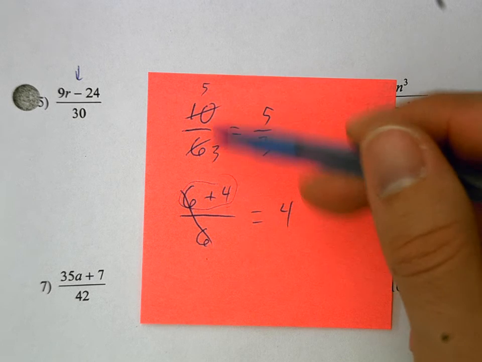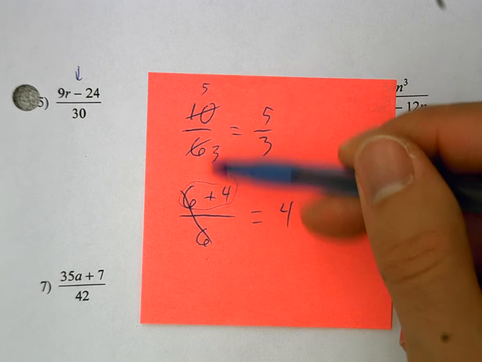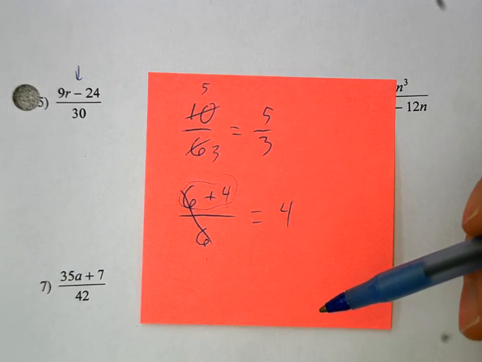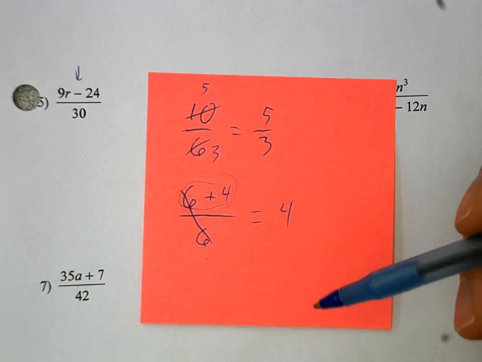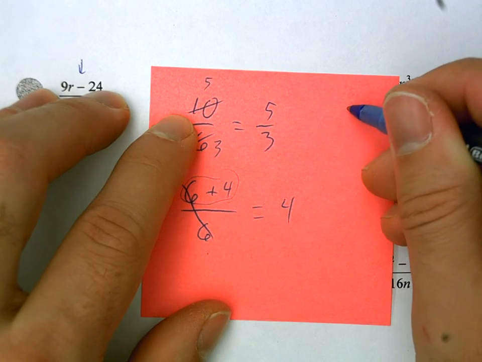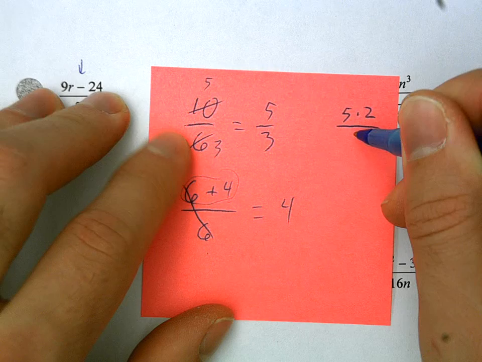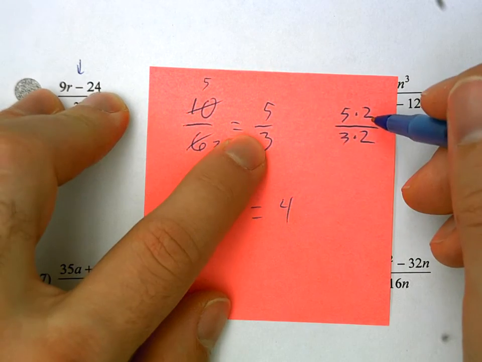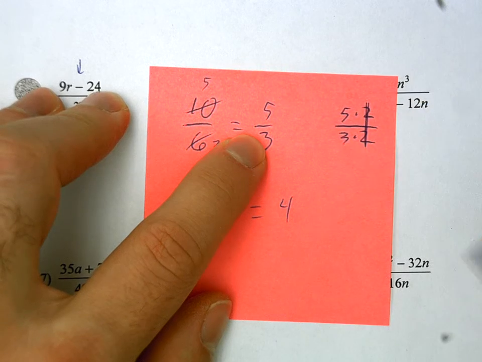If you're actually going to cancel it out, it needs to be no adding or subtracting on the top or the bottom between the pieces. It needs to be like a normal fraction. We can do, like that 10 is 5 times 2, and the 6 is 3 times 2. Does everybody see that what we actually did here was we canceled out the 2's?